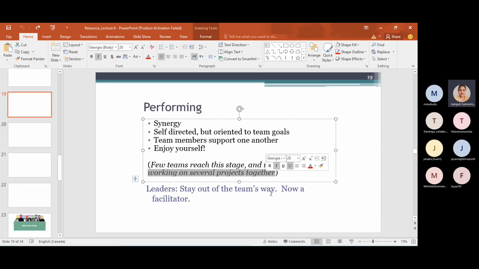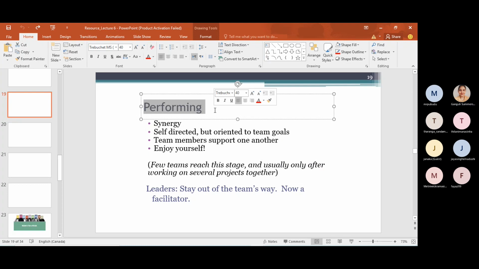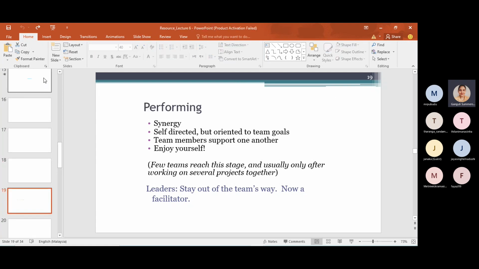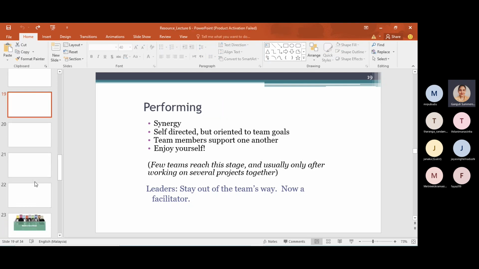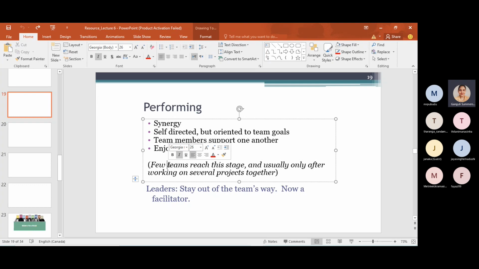When your teamwork skills are improved, you can reach this stage quite fast. When all the team members have really good teamwork skills, they can go through the first few stages really fast and reach this stage quickly. So that is the meaning of this sentence.